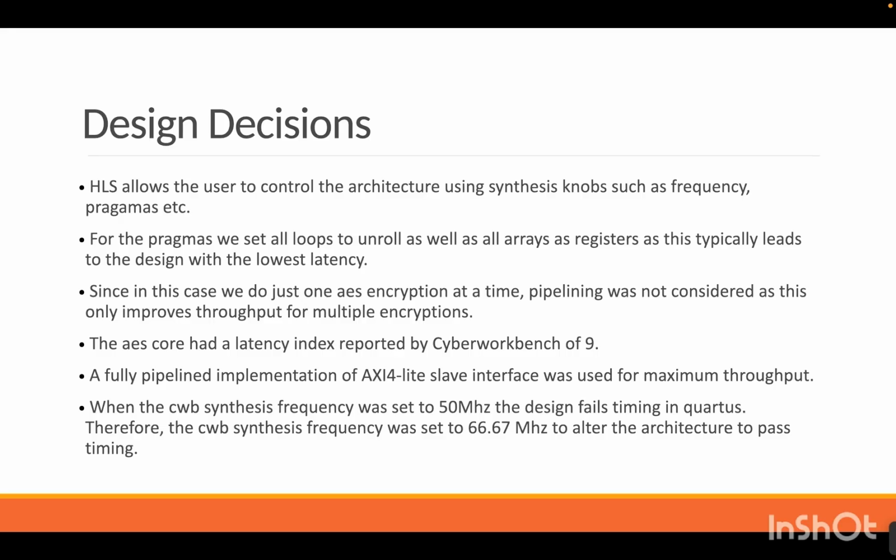Since our use case performs only a single AES encryption at a time, we did not apply pipelining to the AES core itself, as pipelining mainly improves throughput when multiple encryptions are processed back to back. As a result, the AES core achieved a latency index of 9 as reported by CyberWorkbench.